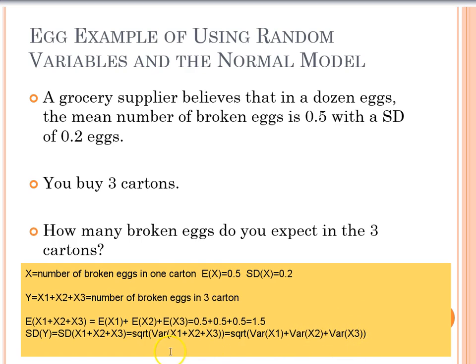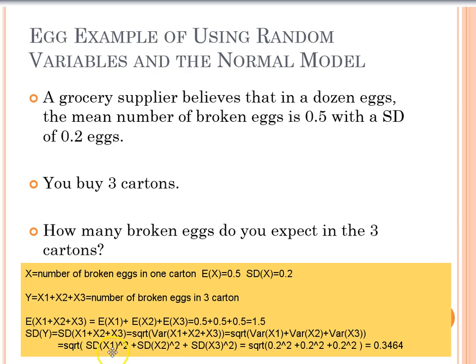That's the assumption I make to be able to just add up these variances individually. The next step is to get back to the standard deviation. So remember that the variance is equal to the standard deviation squared. So this next step, I'm just using the relationship between the variance and the standard deviation and rewriting it in terms of standard deviation.